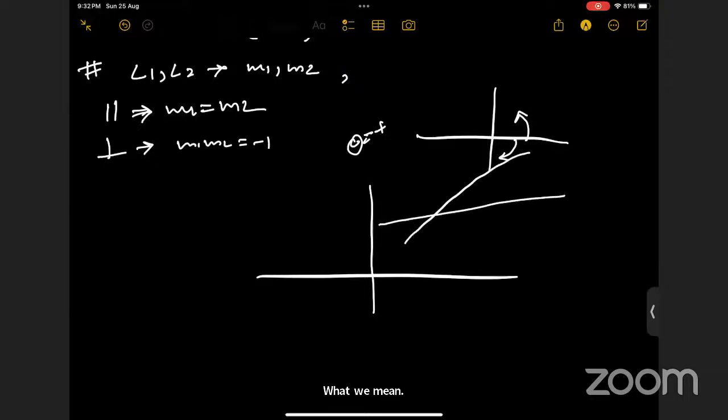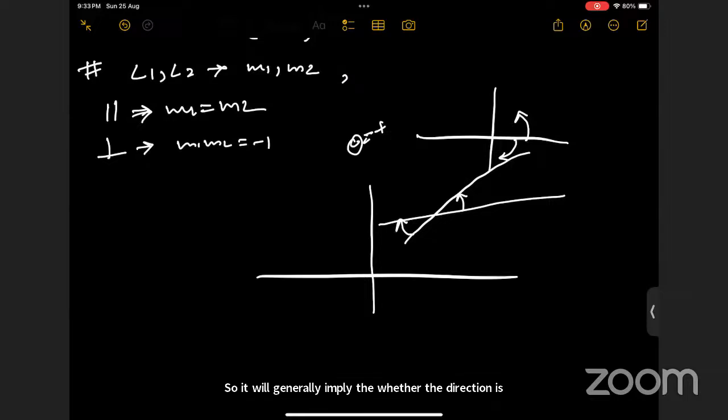This is an angle in the anti-clockwise direction, and this is an angle in the clockwise direction. So a positive or negative sign generally implies whether the direction is clockwise or anti-clockwise.